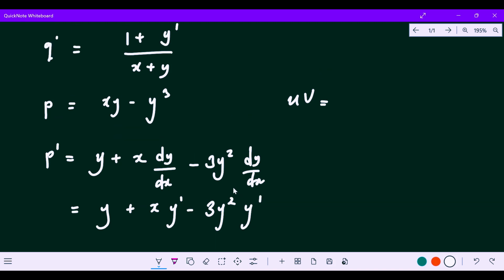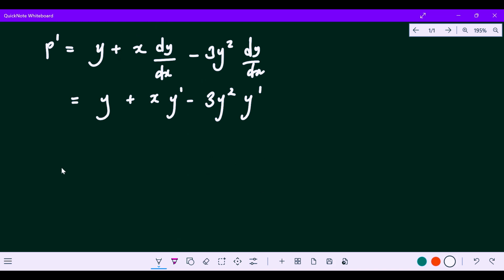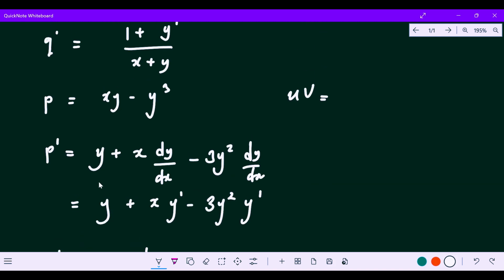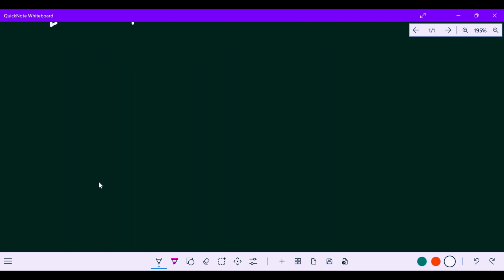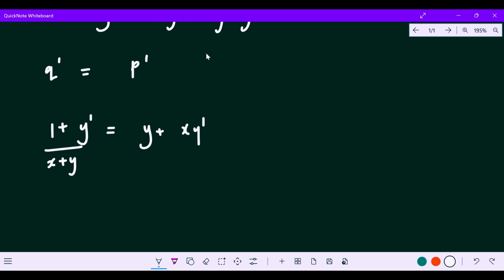Now I'm going to equate these two. q prime equals p prime, right? Because I've just taken the derivative of both sides, so I'm just equating them. Remember, our q prime was 1 plus y prime over x plus y, and this is equal to our p prime, which is y plus xy prime minus 3y squared y prime.